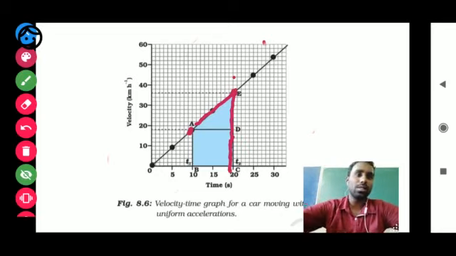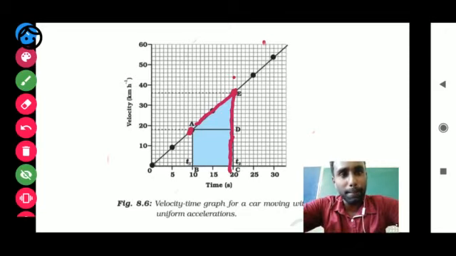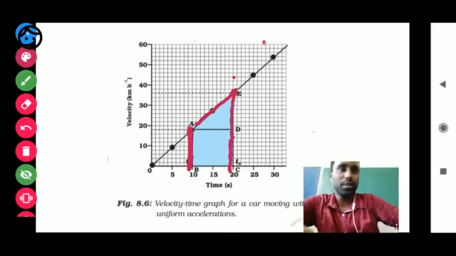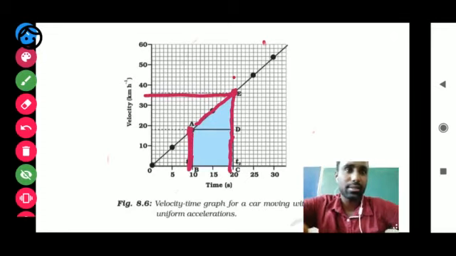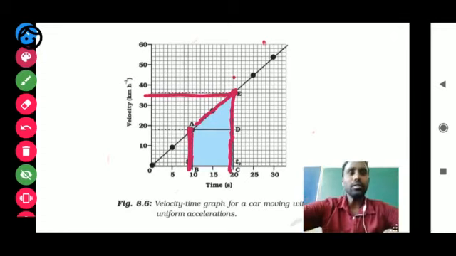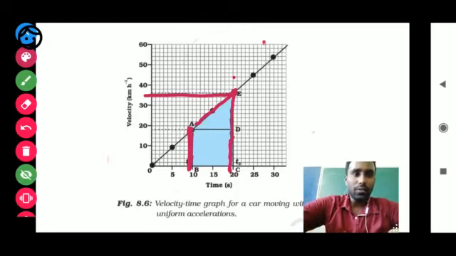So this is a perpendicular line. Next, from A draw one line perpendicular, and from the point E draw the line which intersects with the y-axis. Now, can you find the slope of this line, for example A to E?